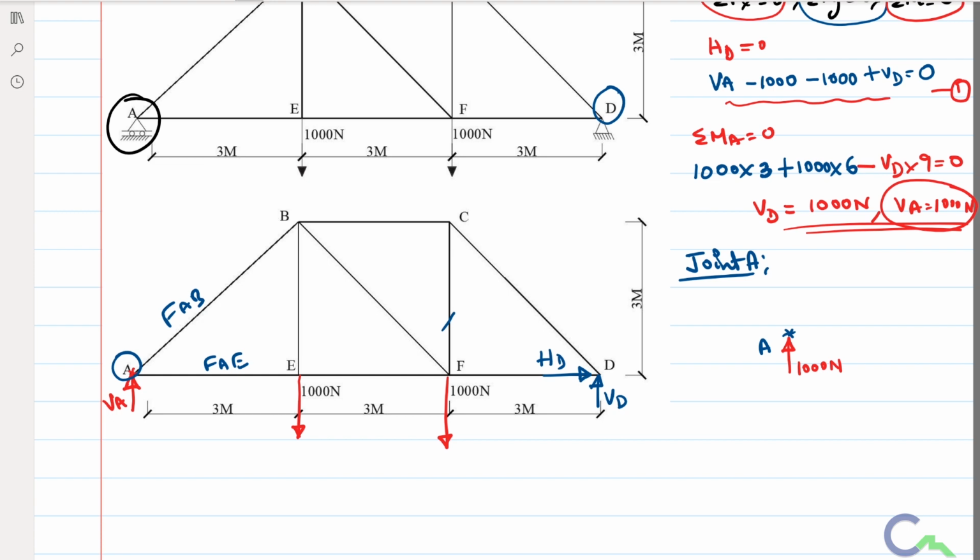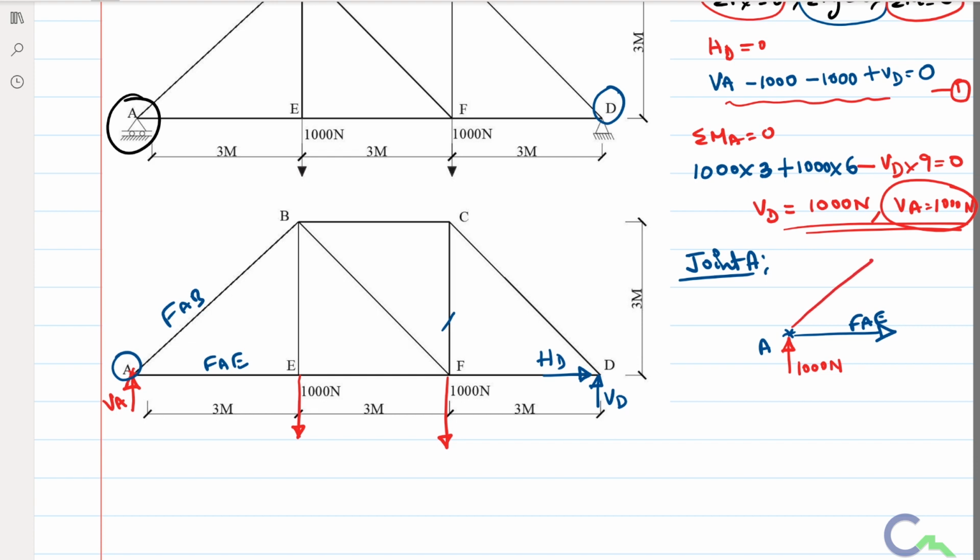Then we have FAE. So initially we have to assume all the members as tension. Therefore I will assume this member as tension. That means force is moving away from the joint. Therefore FAE, if I get the negative answer, our assumption will be wrong.